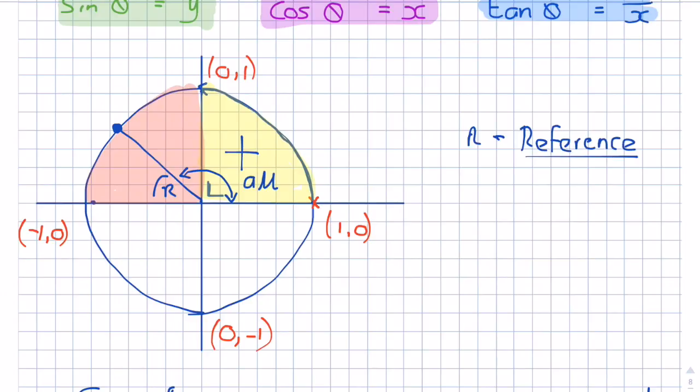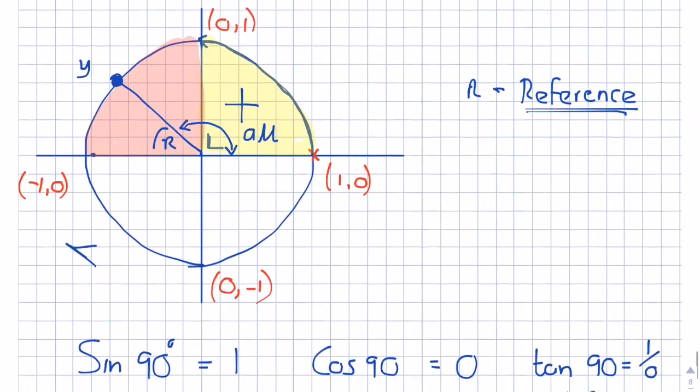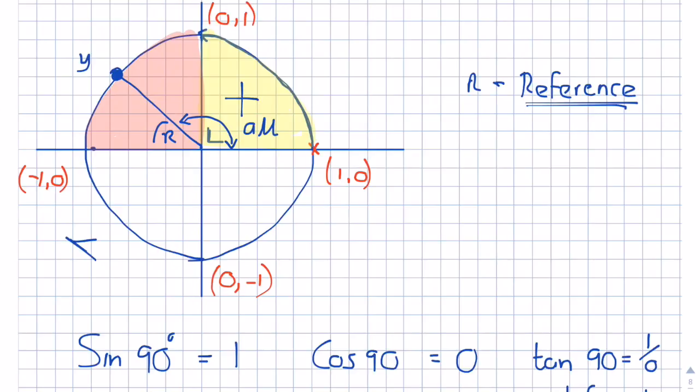I'll come to that again in a few minutes, but basically the sine of whatever this angle is going to be the y coordinate. Now at this point the y coordinate will be positive. So in quadrant 2 the y coordinate is positive, so that means the sine will be positive.